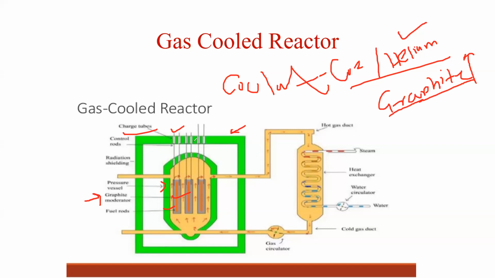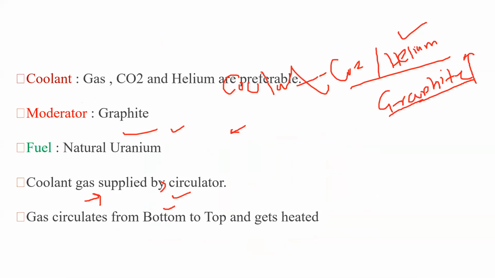Now the process. First of all, we see that the gas cooled reactor has two types. The coolant is CO2 or helium; two types of coolant are used. Second, graphite is used as the moderator.